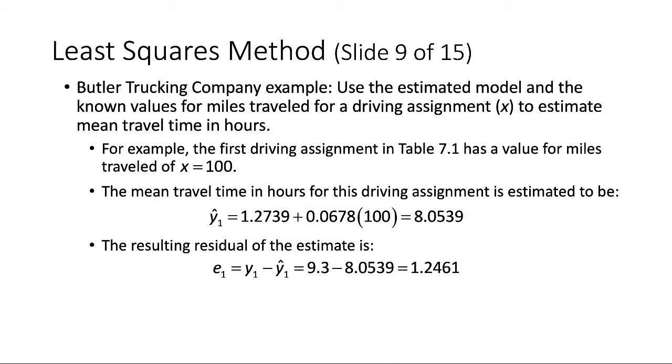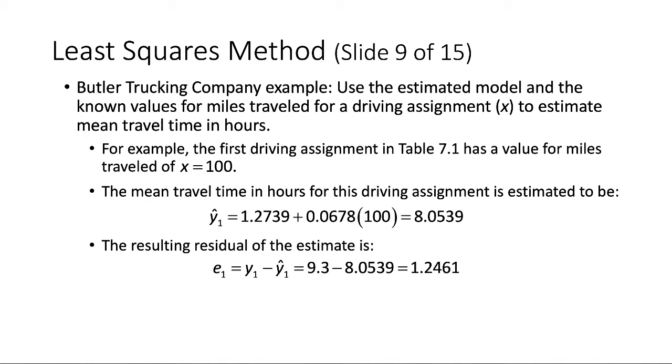We can use the estimated regression equation and our known values for the miles traveled for driving assignment x to estimate the mean travel time in hours. For example, the first driving assignment in this table has a value for the miles traveled, and we estimate the mean travel time in hours for this driving assignment to be predicted y1 equal to 1.2739 plus 0.0678 multiplied by 100 miles equals 8.0539.